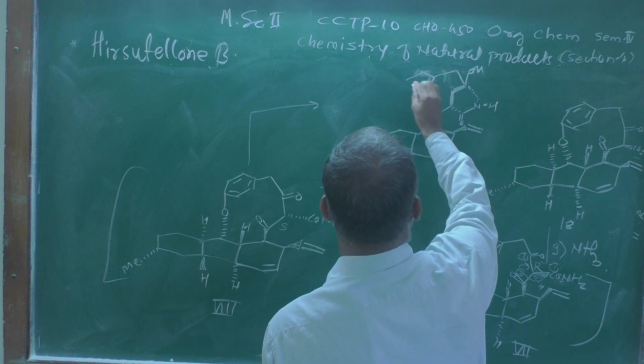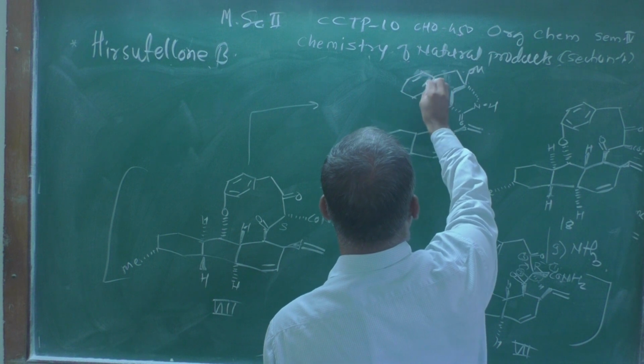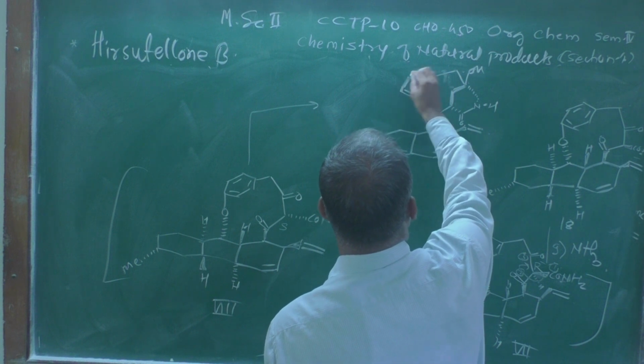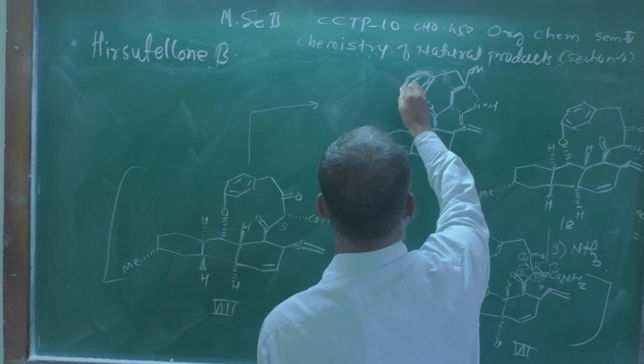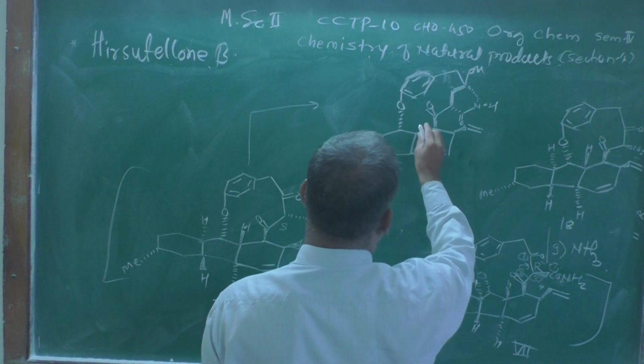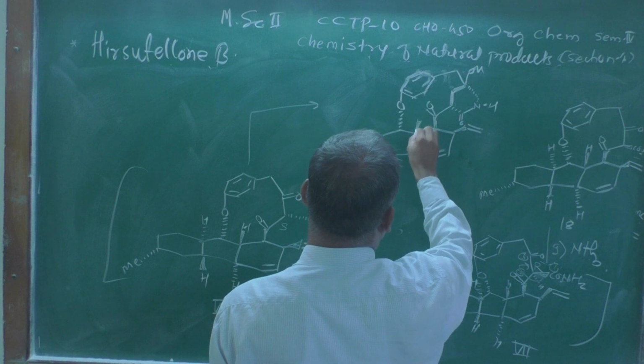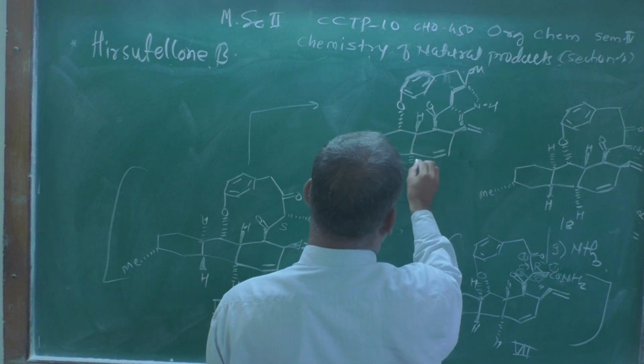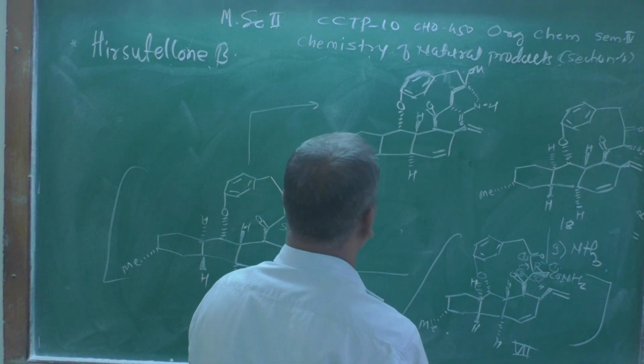Here we are showing the final structure, which is this one, with O here, and now here a hydrogen atom which is above the plane, and here a hydrogen atom which should be below the plane.